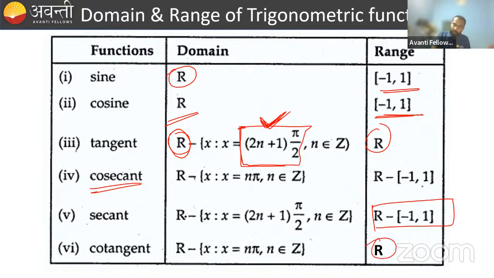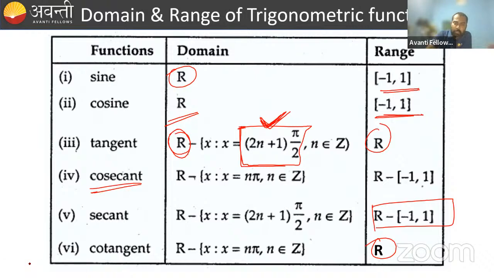I hope all of you know the graphs of the trigonometric functions, right? Because after this class we will be starting composite functions and inverse functions. When we use inverse trigonometric functions, we also have to use all these domains, codomains and ranges. Okay, we'll discuss that in the next class.